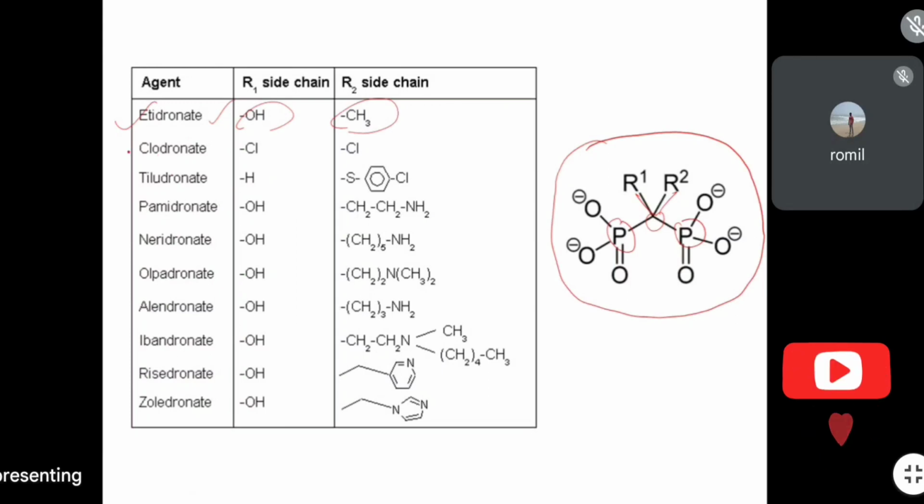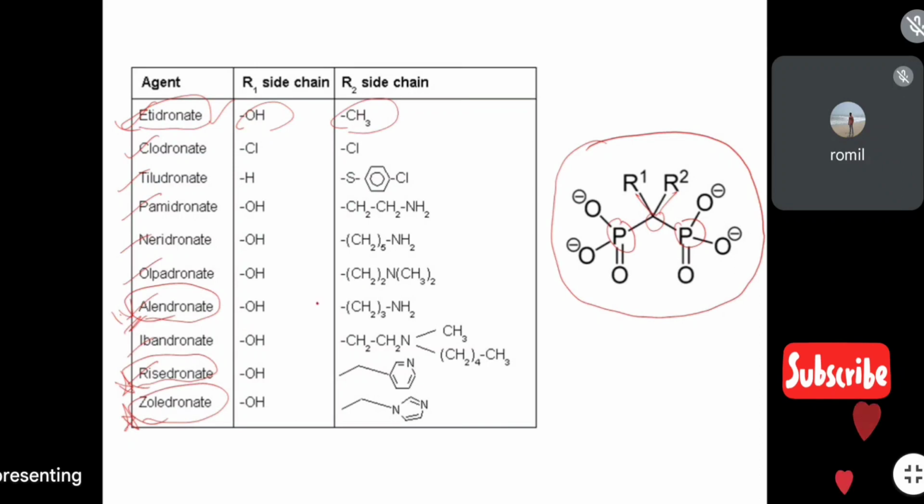Clodronate, tiludronate, pamidronate, neridronate, olpadronate, alendronate, ibandronate, risedronate and zoledronate. Risedronate and zoledronate are important and commonly used, and etidronate is also used sometimes. These are the different examples of bisphosphonates, named based on their functional groups. This is just for information purposes.